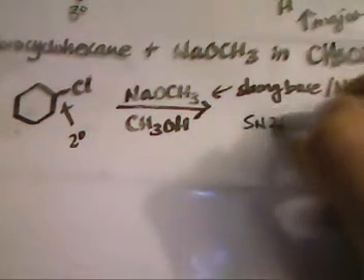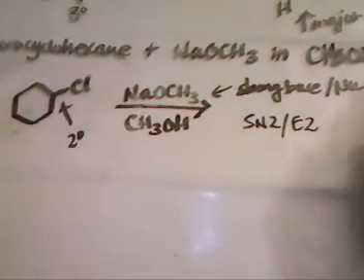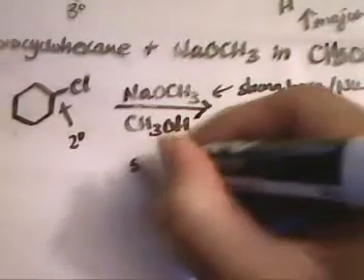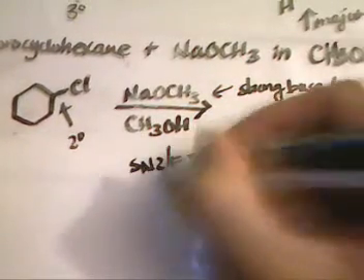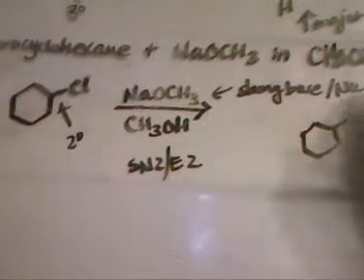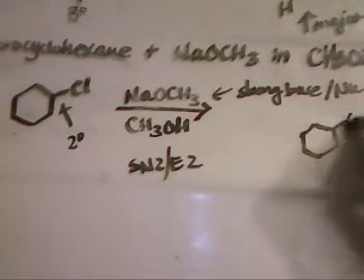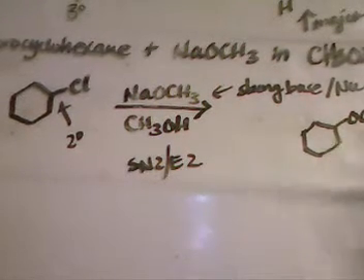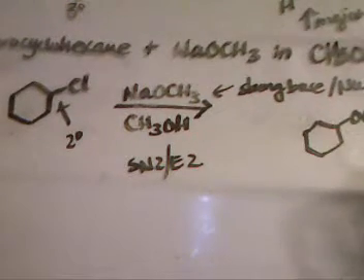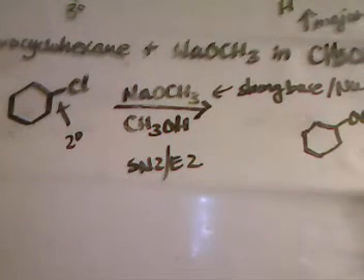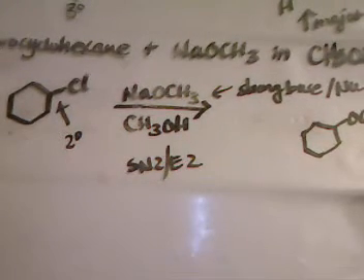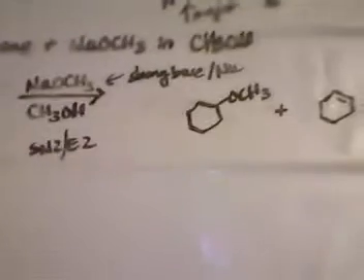So SN2 and E2 are both going to occur, and the products will be, the substitution product will just be the result of the replacement of the leaving group with the nucleophile, and OCH3 is a nucleophile. And the elimination product, there's only one alkene possible for this, and that's the elimination product.